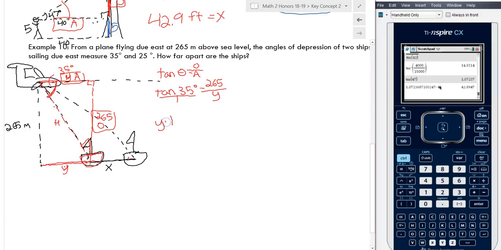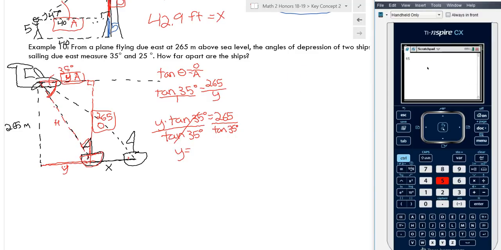Cross multiply. y times the tangent of 35 degrees equals 265. Divide by the tangent of 35 degrees. I have y equals, and we're going to type this into our calculator. 265 divided by tangent of 35.